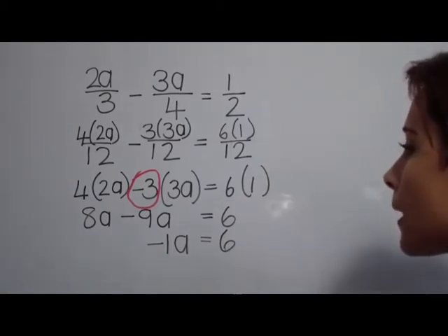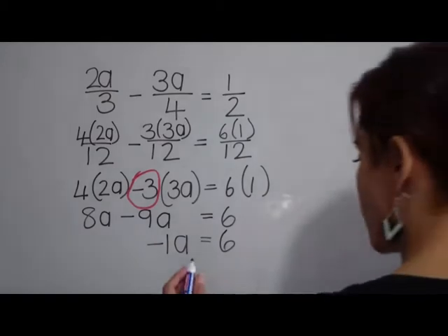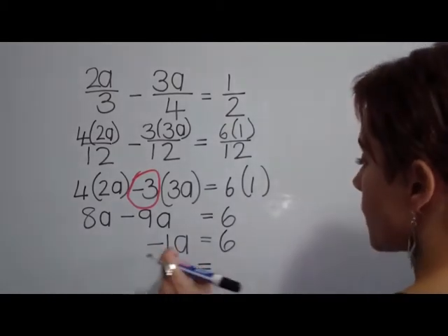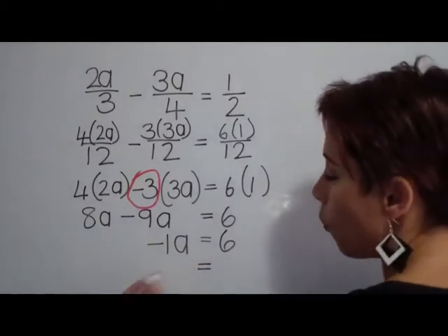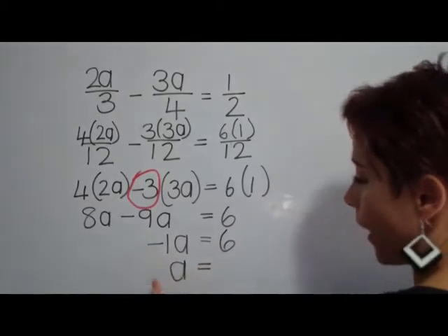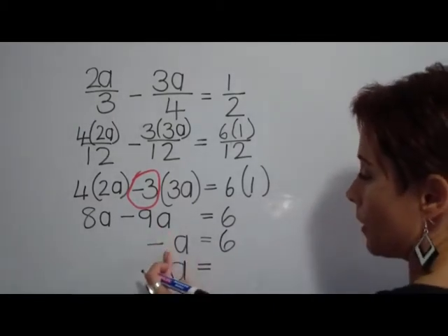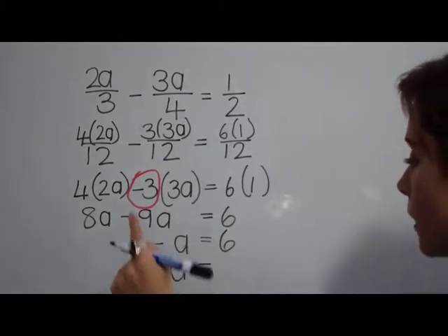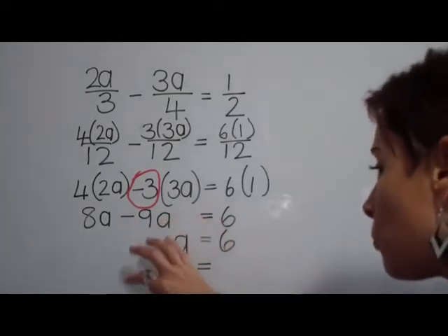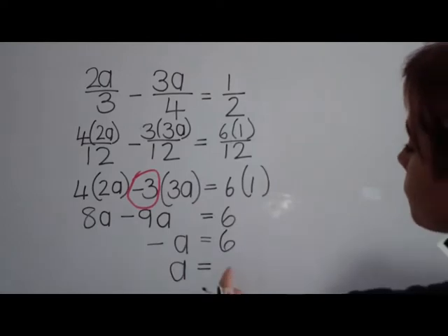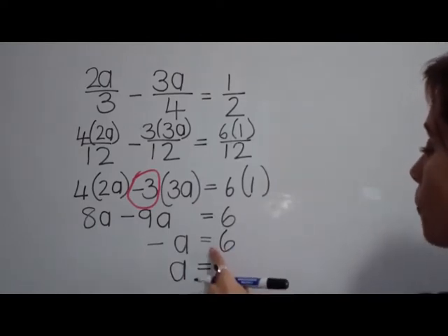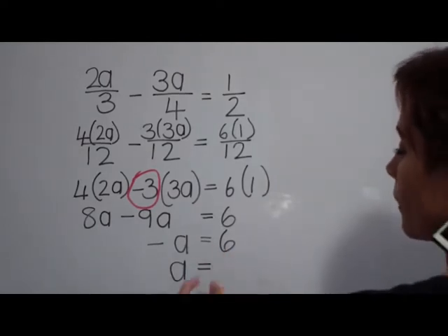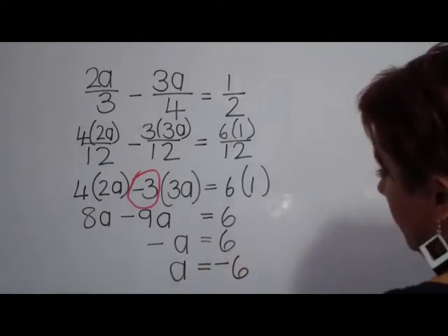I say negative times a negative becomes a positive. So, a negative times a negative becomes a positive 1a, or just a positive a. You can also just say negative a here, or negative 1a. Negative times a negative is a positive, and if I do it to the one side, I must do it to the other. Dan sê ek, okay, 6 is 'n positief, ook gemaal met 'n negatief, en dit is dan negatief 6.